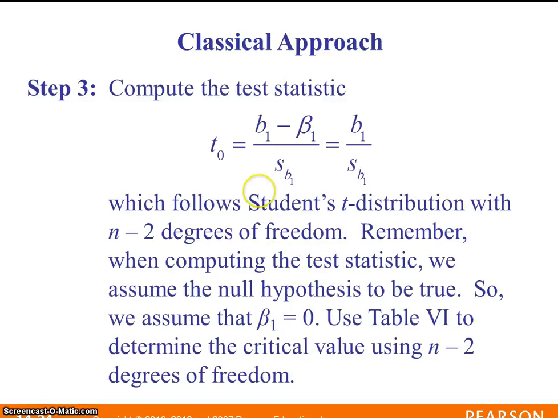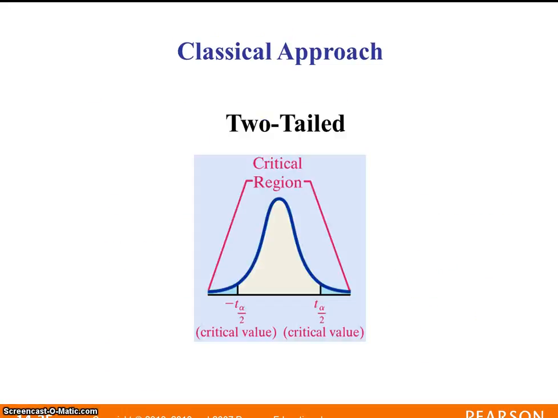Because we're assuming that beta sub 1 is equal to 0, that term will disappear. So we basically want to take the slope divided by the standard deviation of the slope. Using table 6 or some other method to compute the test statistic, that would give you the value.